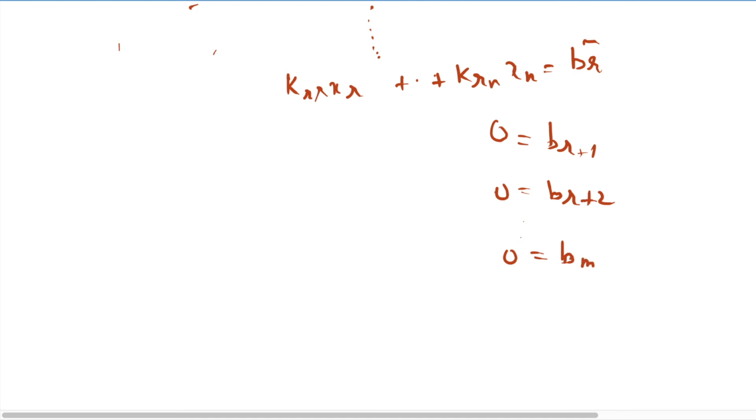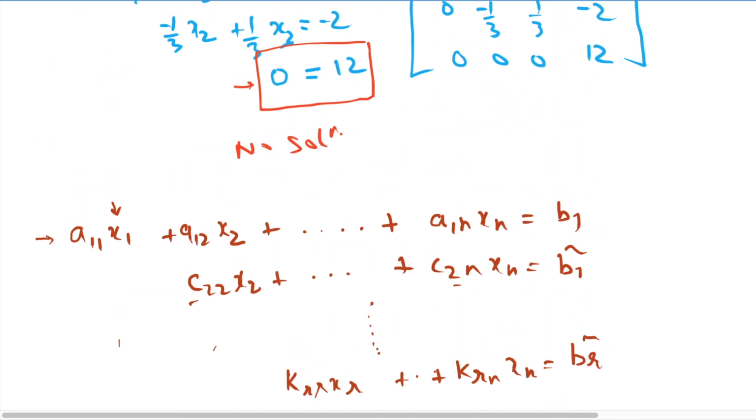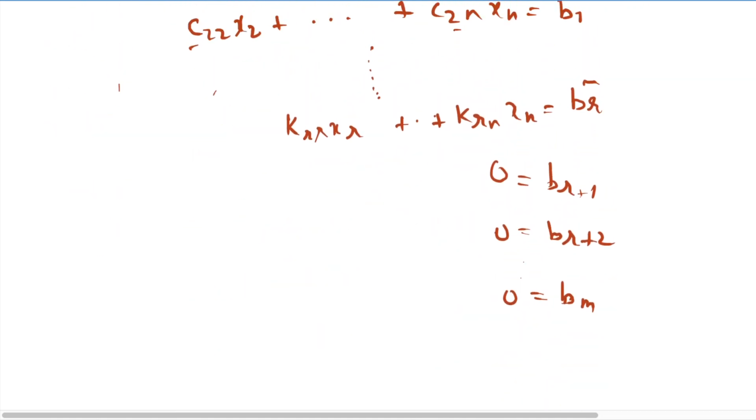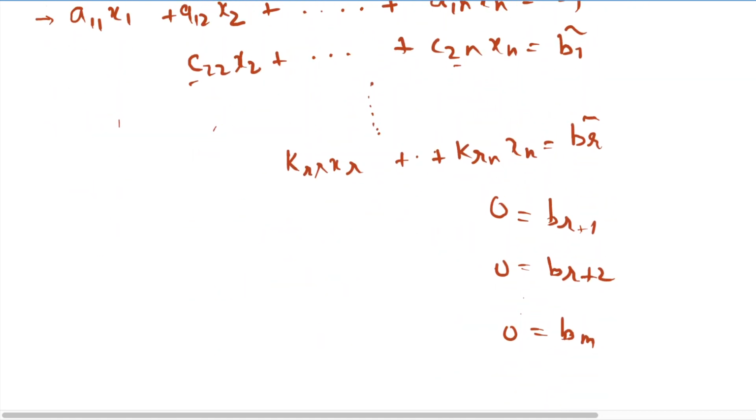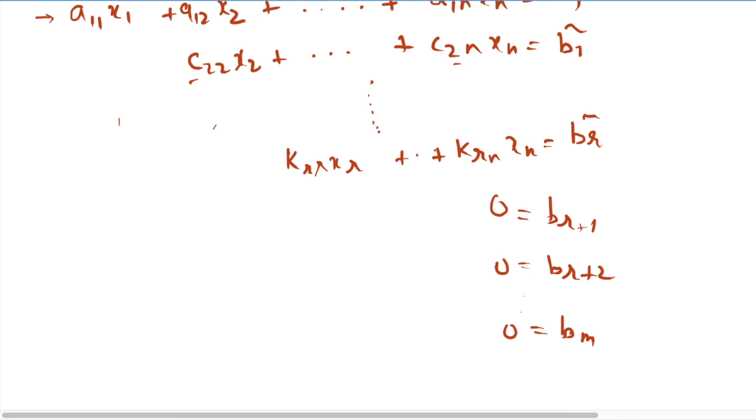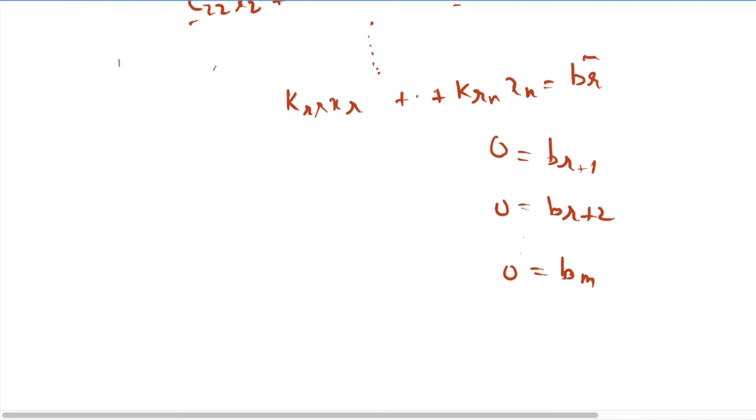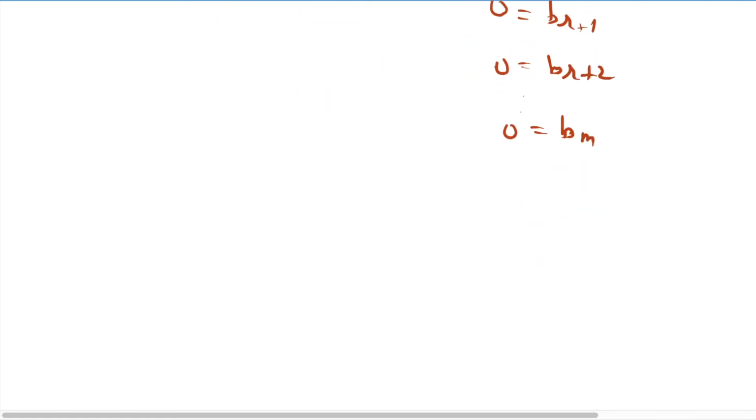So we have considered a linear system which had n unknowns and m equations. From this, with respect to our solutions, there are three possibilities, and we have covered these three possibilities as examples earlier.